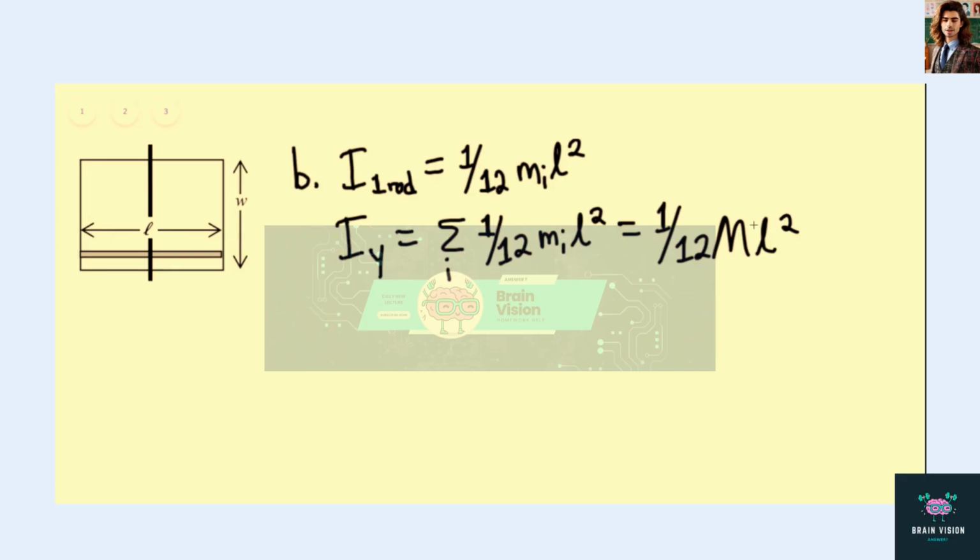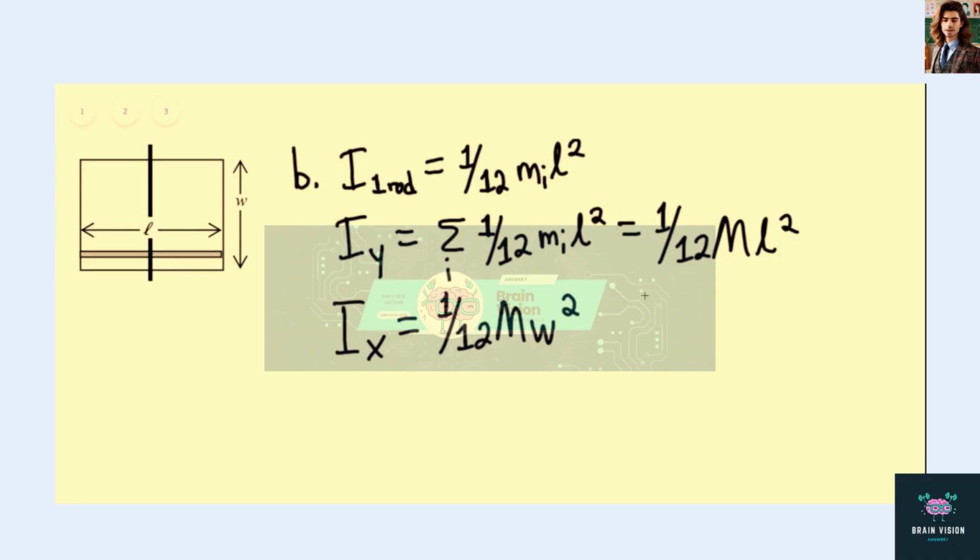Similarly, if the axis of rotation was instead the x-axis, I sub x would be equaling 1/12 times the total mass of the collection of rods, but now instead of the length squared, this would be the width squared. And this essentially proves the perpendicular axis theorem.